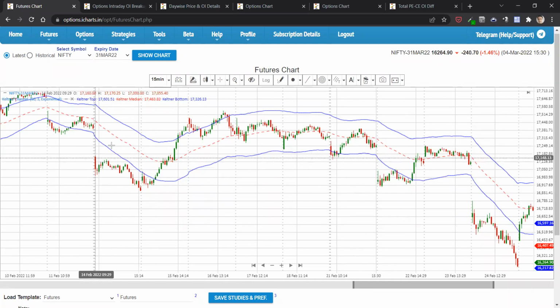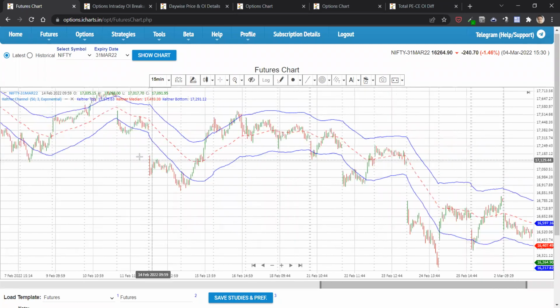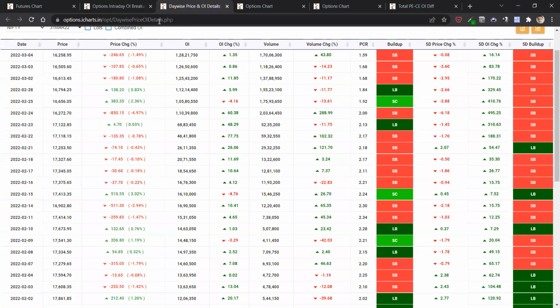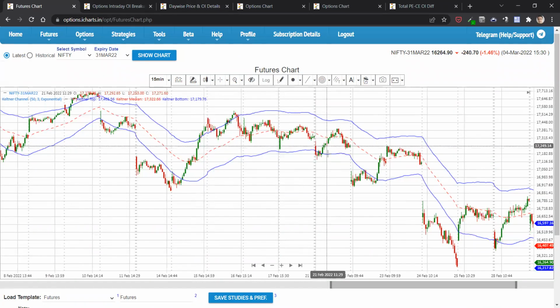Maybe you can hedge something. This is something I use: the 15-minute QnA channels. When I see a pattern like this, I'm hedged over here, but I'm still directionally short. Then when this lower band breaks, I'm short again.